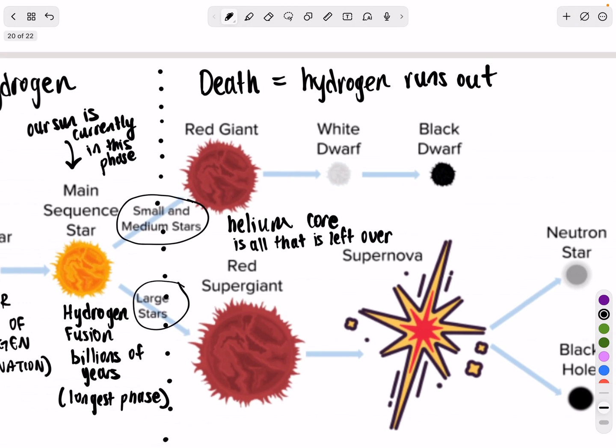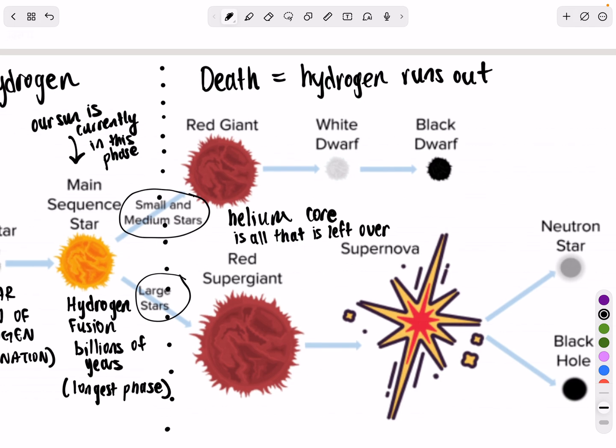So as the star continues to run out of hydrogen and continues to die, it turns into a very, very hot white dwarf. And then this very, very hot white dwarf, and this phase goes pretty quickly, can then cool off into a black dwarf. And that goes into a very cold phase. And that is the life cycle of our star.